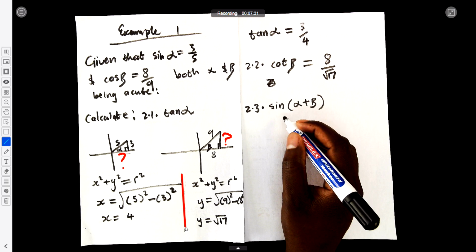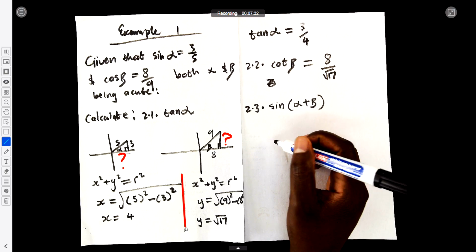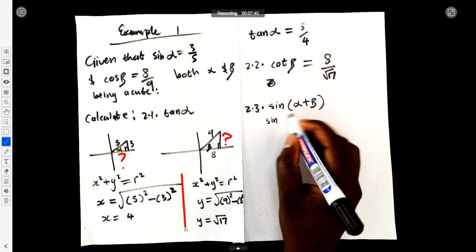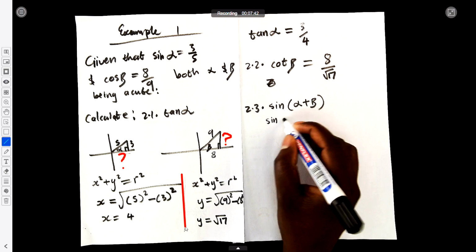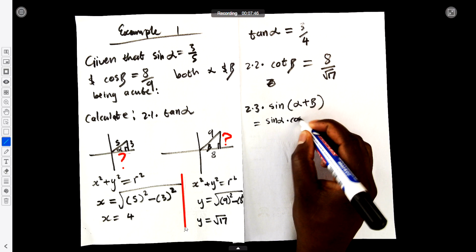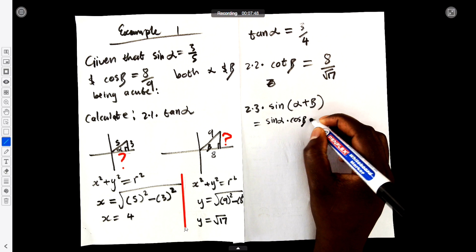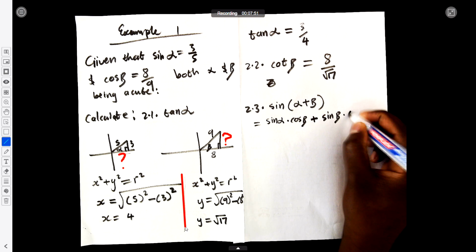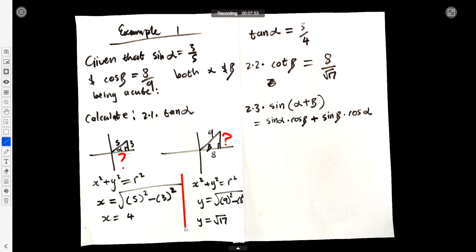We don't want to use the angles, we want to use the ratios. So sine of alpha plus beta is sine alpha times cos beta, plus sine beta multiplied by cos alpha, from the compound angles.